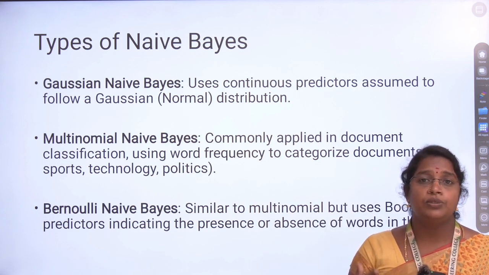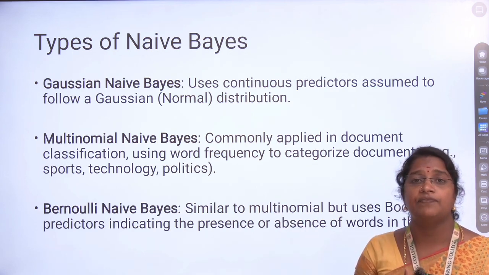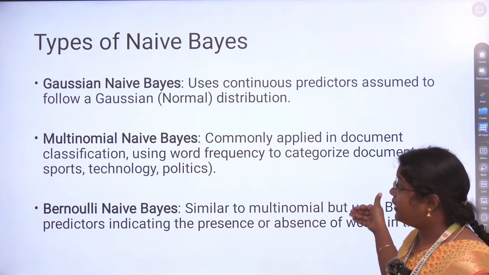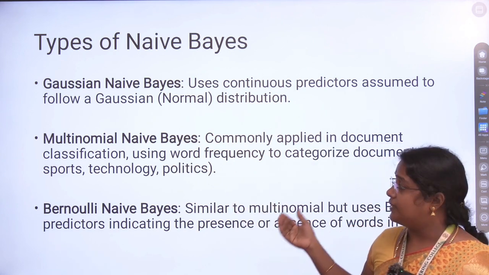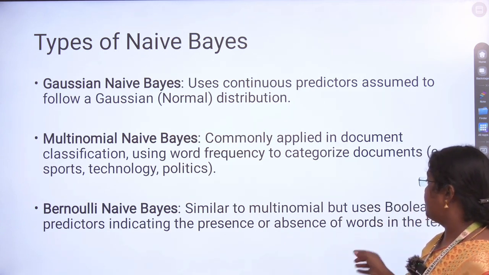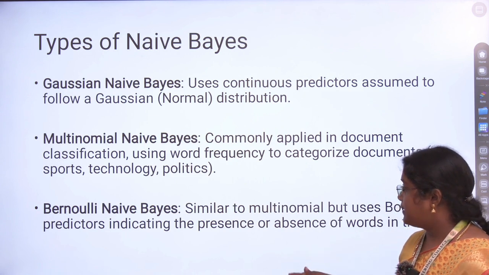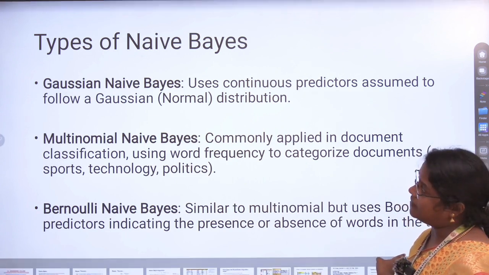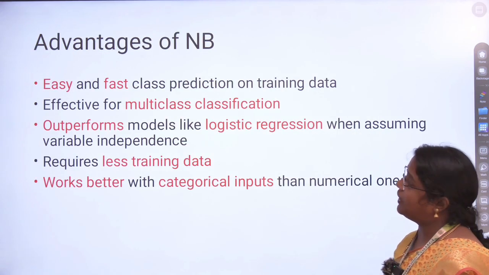When you take a news article, using multinomial Naive Bayes we can classify the news article into different categories, like sports, technology or politics. The third one is Bernoulli Naive Bayes. It is similar to multinomial but uses Boolean predictors indicating the presence or absence of a word in the text. These are the common types of Naive Bayes used for classification tasks.